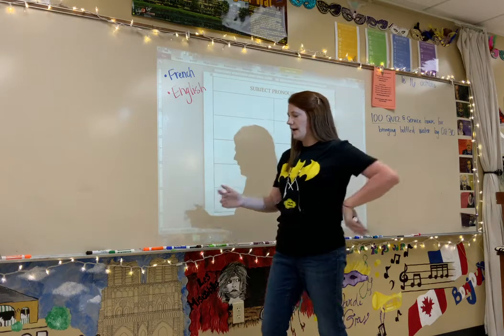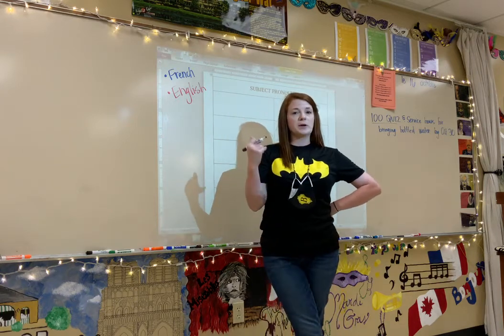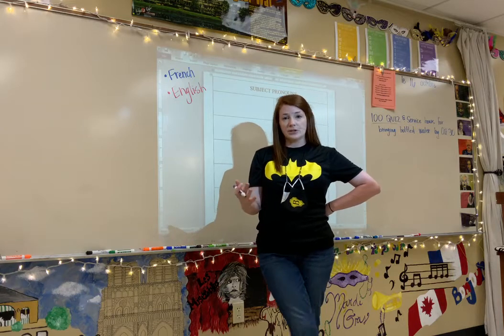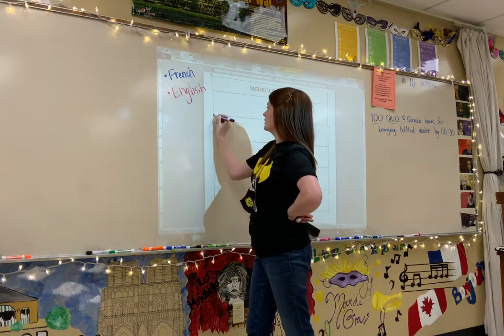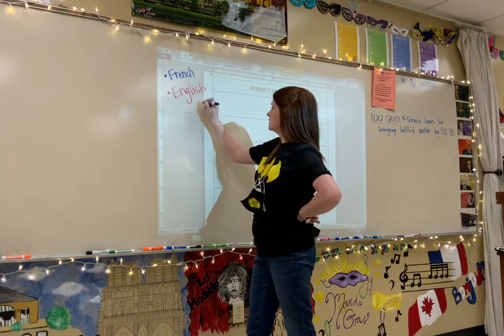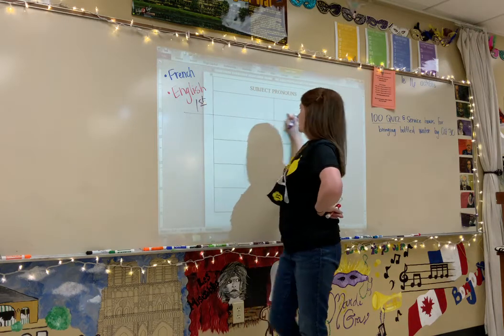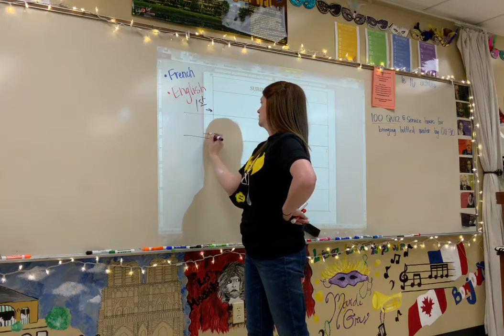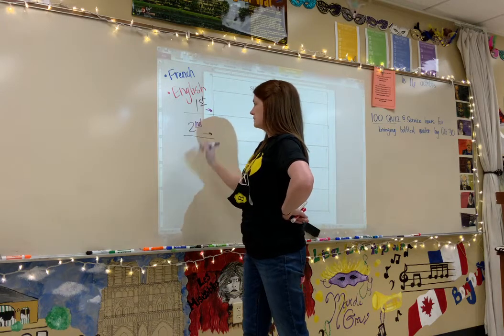But just like you have in English, first person, second person, third person, you have the same thing in French. And so if you look at the chart, this first line all the way across is your first person. The second line all the way across is second person.